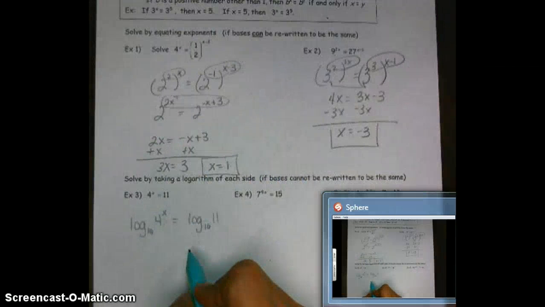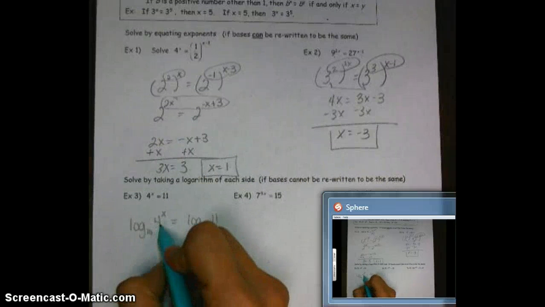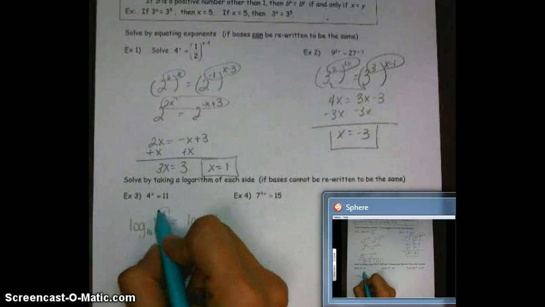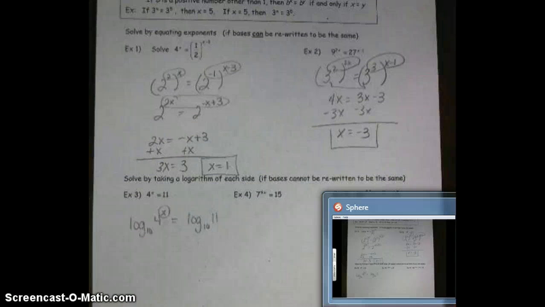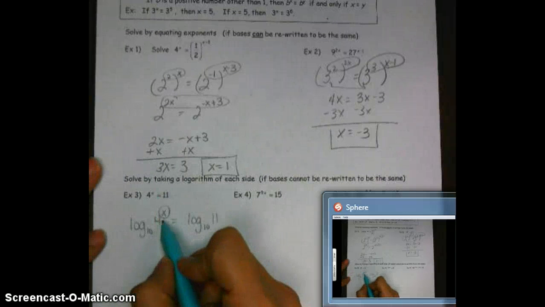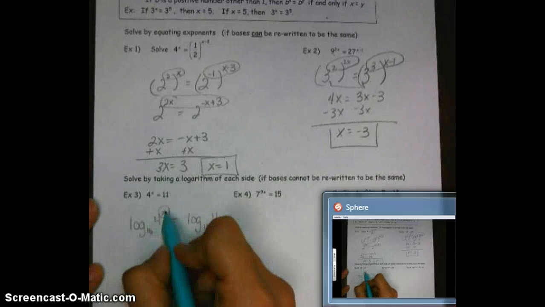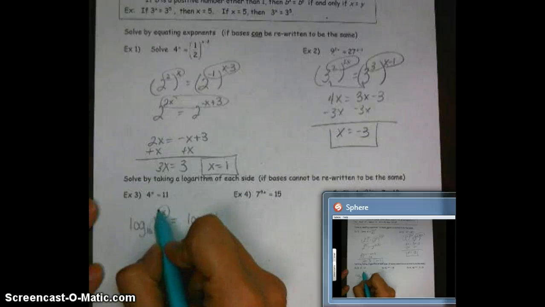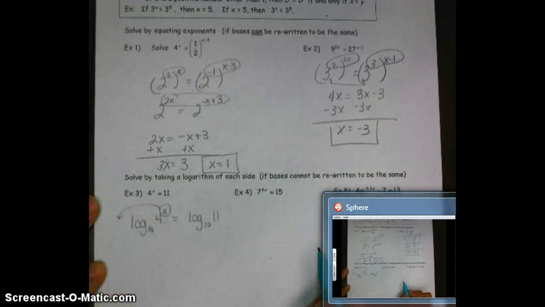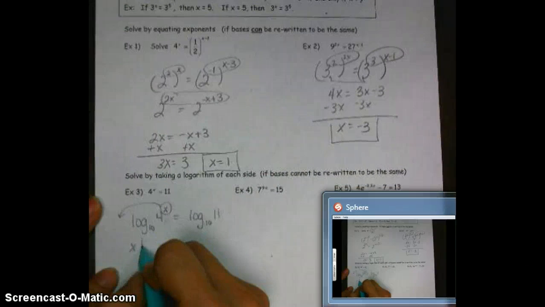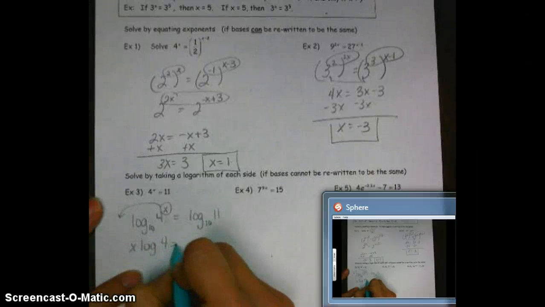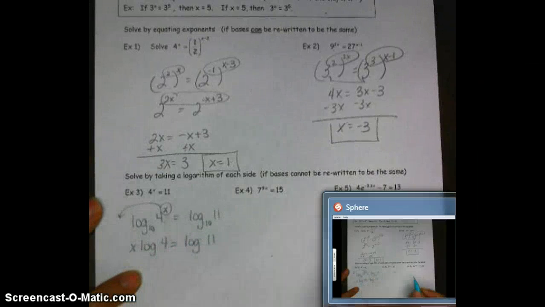All right, so that helps us because I have log rules that can remove x from being a power. We have a log property that says if I rewrite this in expanded form, this is really like a multiplication, right? So now this is x log 4 equals log 11.